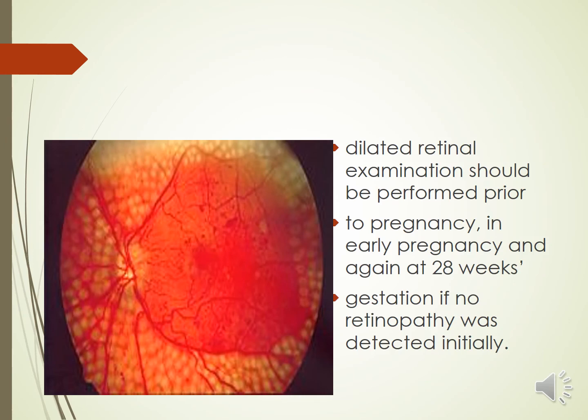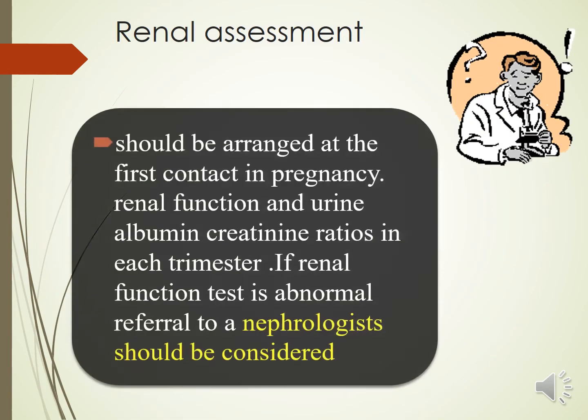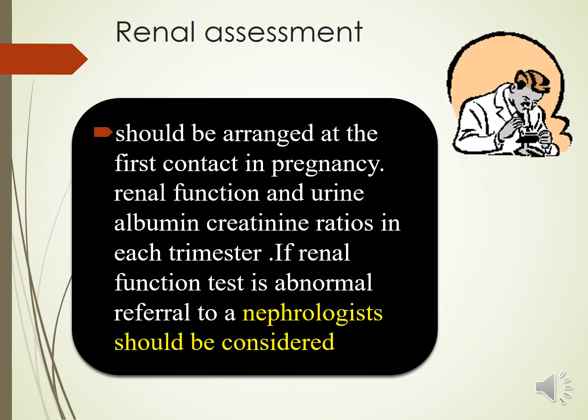Dilated retinal examination should be performed, as we said, before pregnancy and early in pregnancy, and again at 28 weeks. Renal assessment should be arranged before pregnancy and at first contact in pregnancy, and if renal function test is abnormal, referral should be made to a nephrologist.